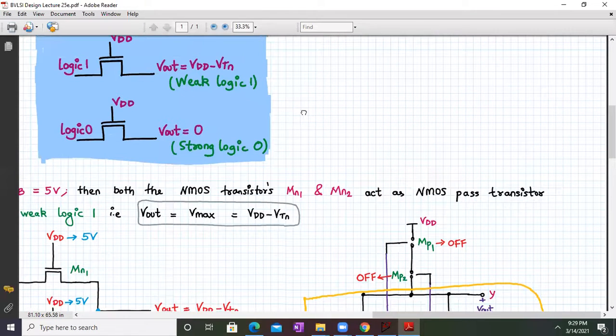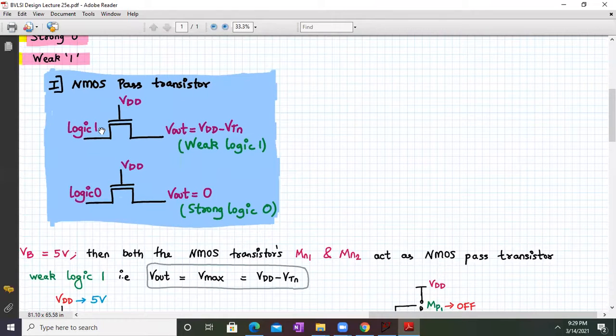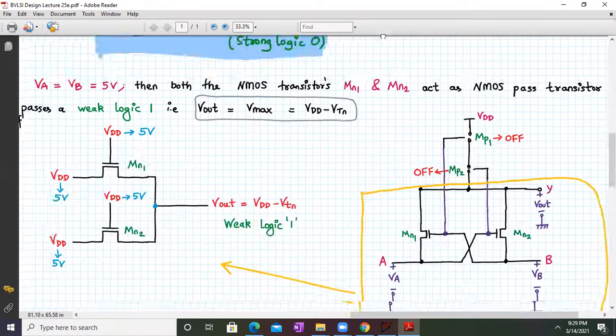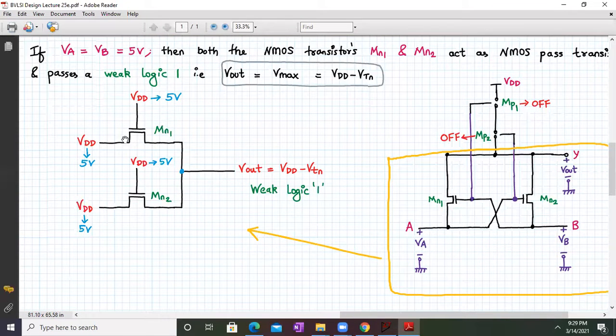And we know for a fact that a logic 1 passed through an NMOS pass transistor will produce a weak logic 1. That is, the output will be VDD minus VTN, whereas it will pass logic 0 very strongly. Here we are passing a logic 1, that is 5 volts, so definitely at the output you will get a weak logic 1.